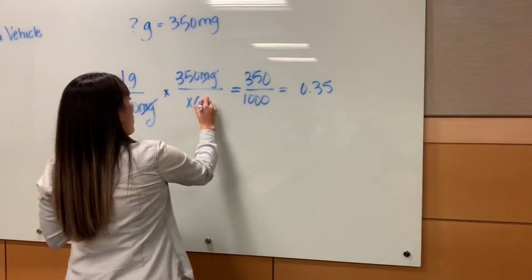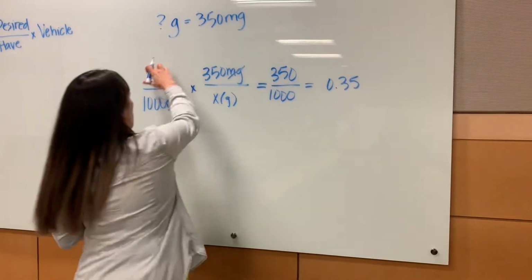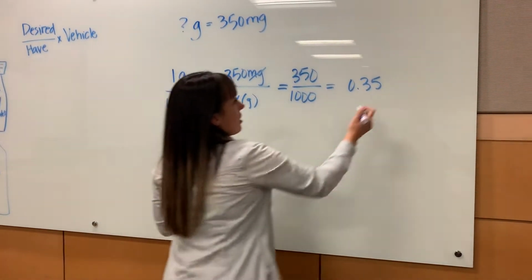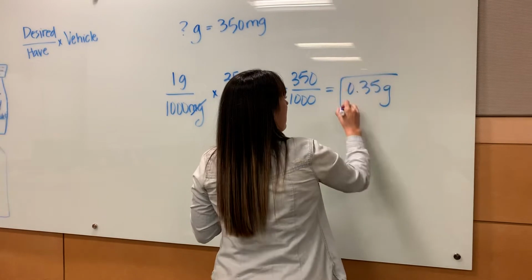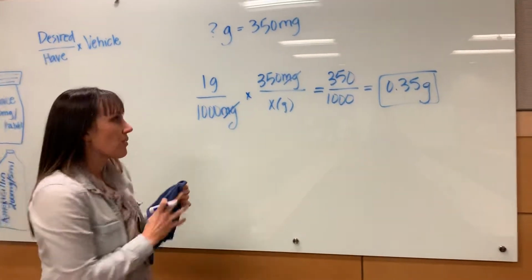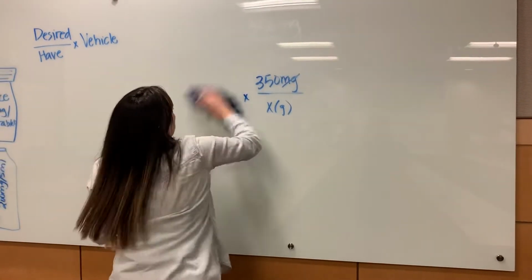What? Well, our X that we're trying to solve for is grams. Or you can say, what unit of measurement is left over? Grams. So that's how to do it through dimensional analysis. And I'll show you a more in-depth one in a minute.